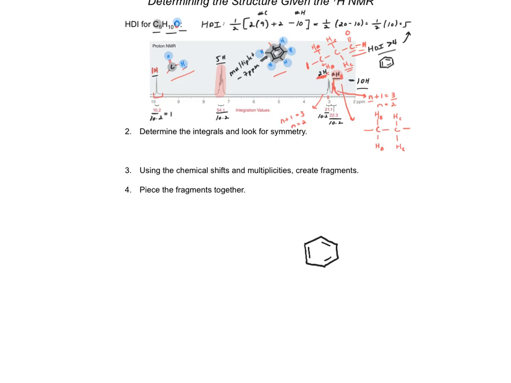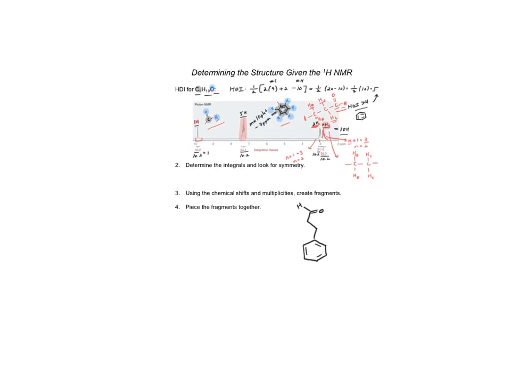This is going to branch out into an ethyl group that terminates in an aldehyde. H, double bond oxygen. Okay, so now again, it's important to check to make sure you have everything together.